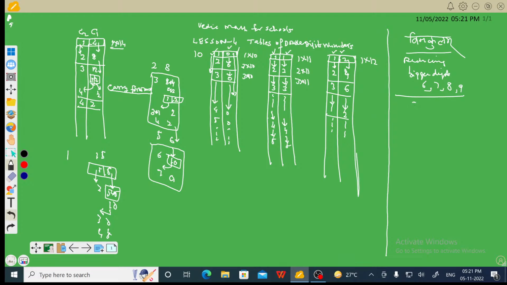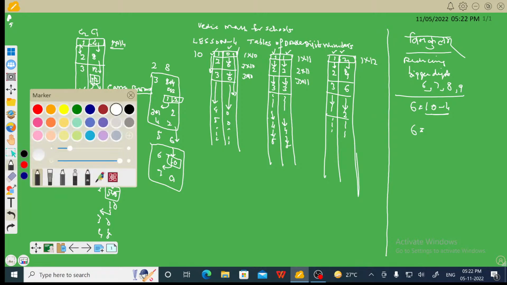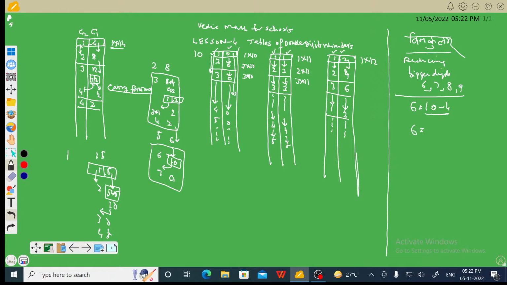6 is 10 minus 4. So Vedic systems have a unique way of expressing it: the number minus 4 can be written as 4 bar, another way of writing.